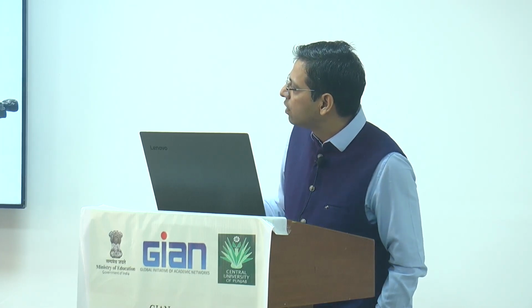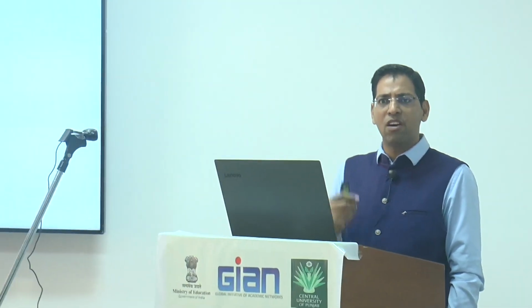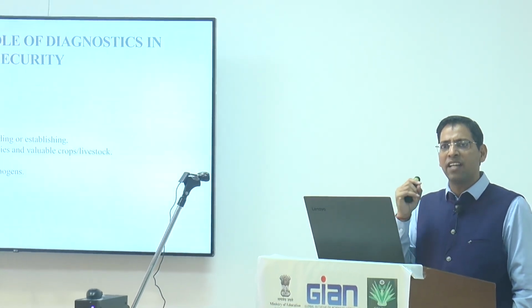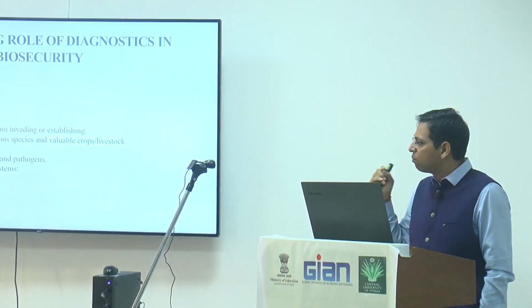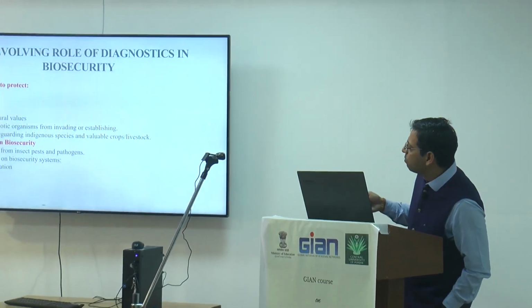So these are the points, and the rising challenges in biosecurity. There are a few challenges we have to face when we go ahead with biosecurity. The first one is the increasing resistance from insect pests as well as pathogens basically. So what is the meaning of it?